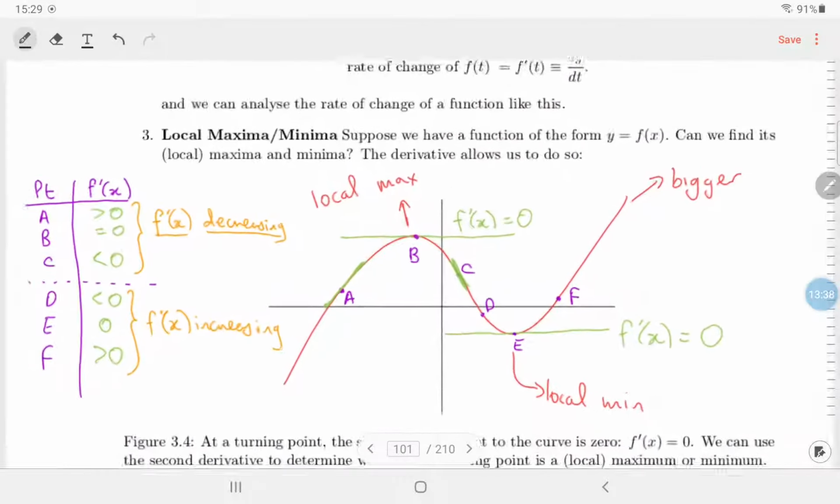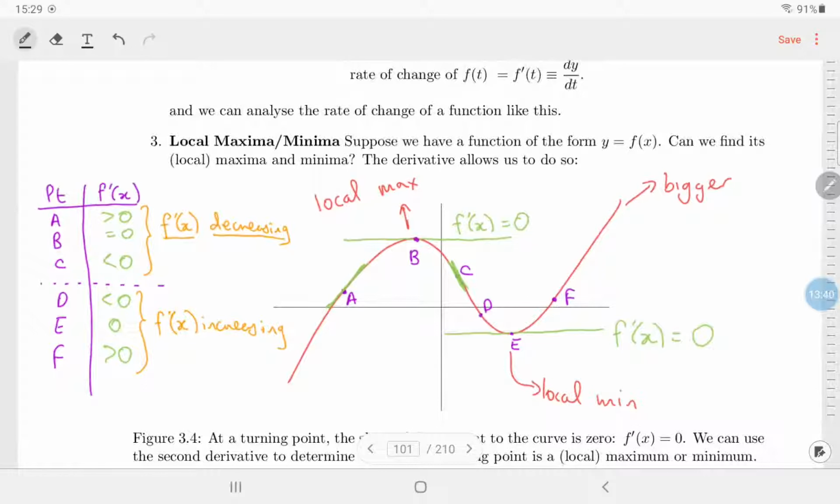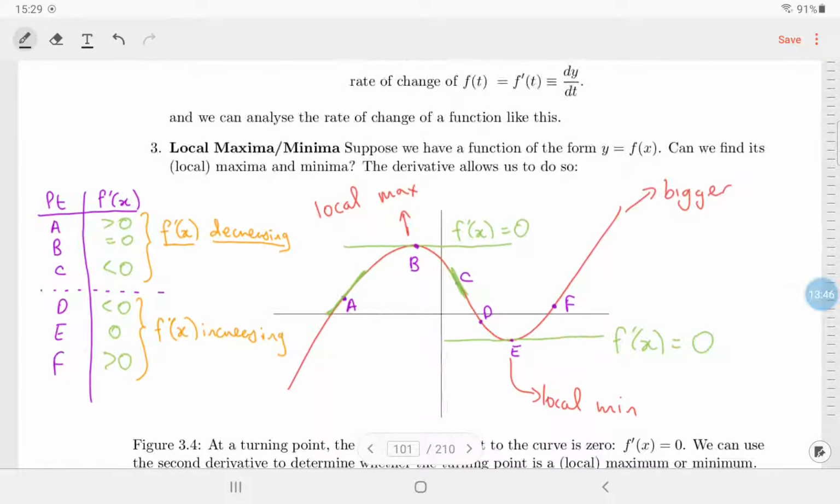So we've got a region around the max where the slope is decreasing, and decreasing means that the derivative is negative. And what's the derivative of the derivative? The second derivative. And similarly where the f dash slope is increasing, the second derivative is positive.